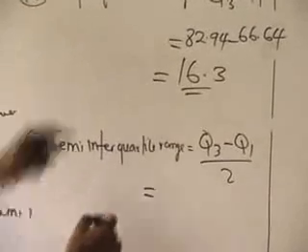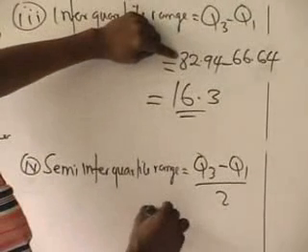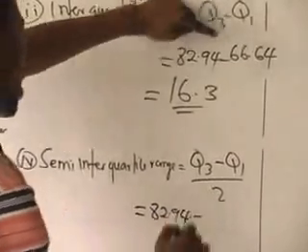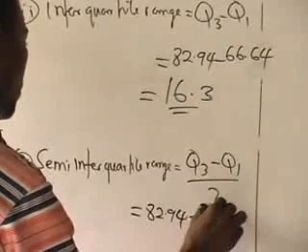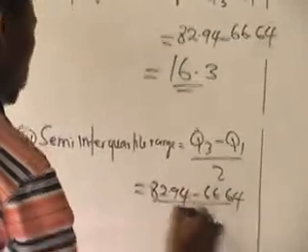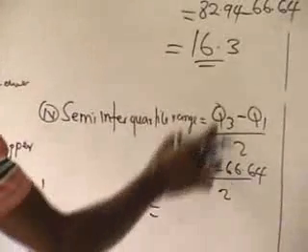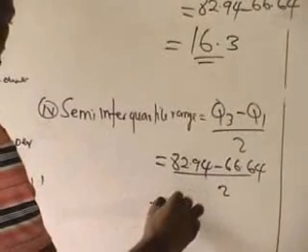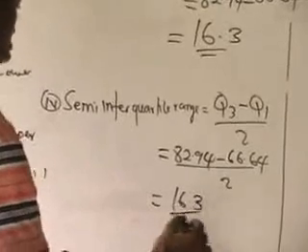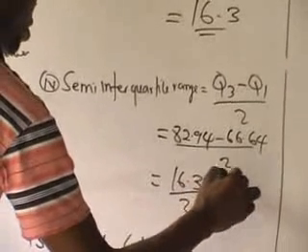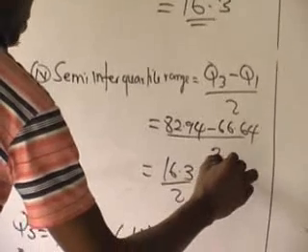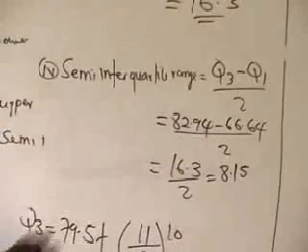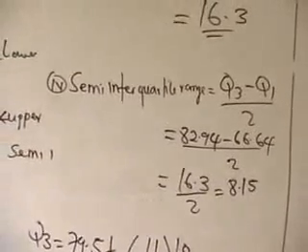And we all know that our Q3 is 82.94, then minus Q1, which is 66.64, then divided by 2. This minus this gives us 16.3, then divided by 2. The answer equals 8.15. So that is the answer for our semi-interquartile range.